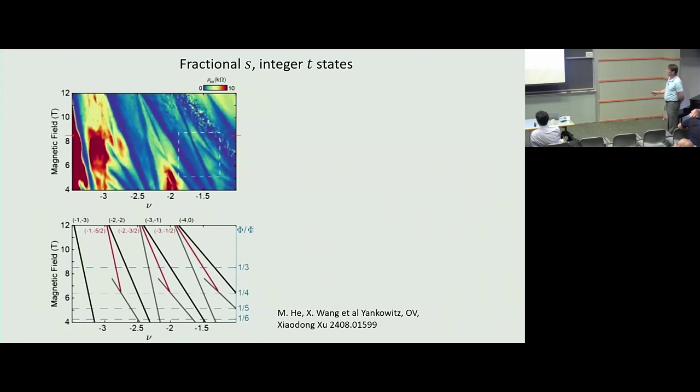In particular, what they noticed, among other interesting things in this data, is that in this device, which was at 1.03 degrees and included a WSe2, these fractional S states, precisely with the sequence, were also observed. So this is S equal to, unfortunately, this is flipped notation, S equal to -5/2, T equal to -1, S equal to -3/2, T equal to -2, S equal to -1/2, and T equal to -3.